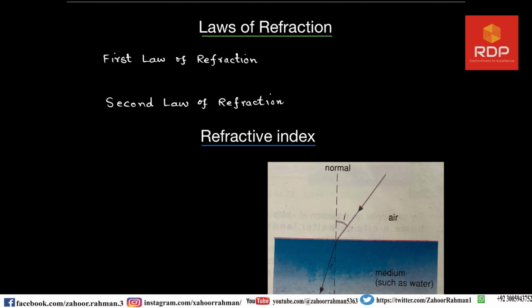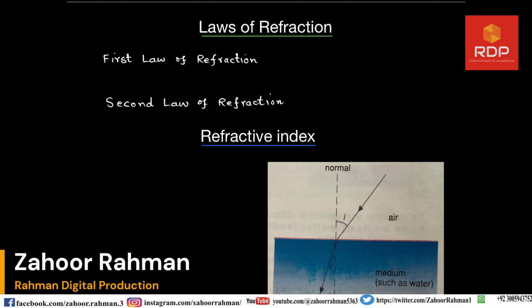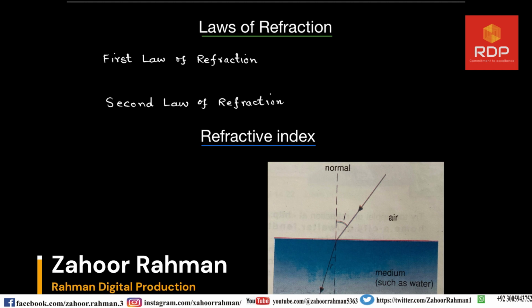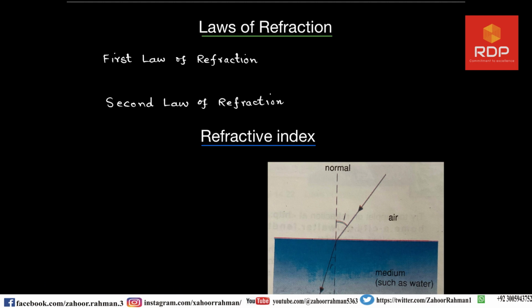But before that, let me tell you that we are summarizing the conclusion we made a few moments back from the experiment, and that will be the two laws. Now let us first say something about the first law.